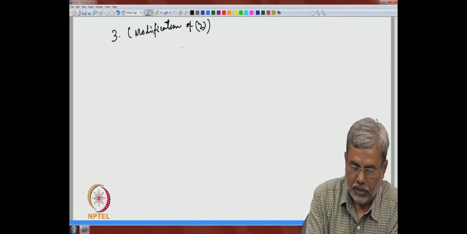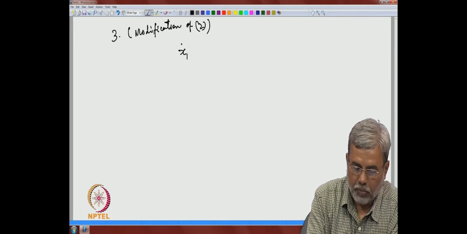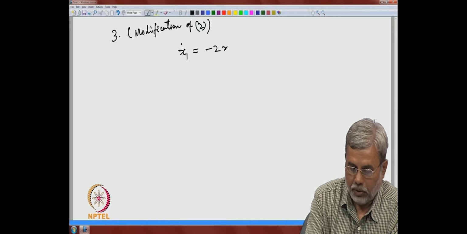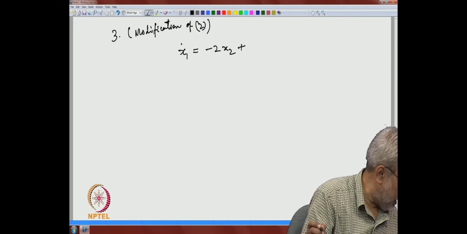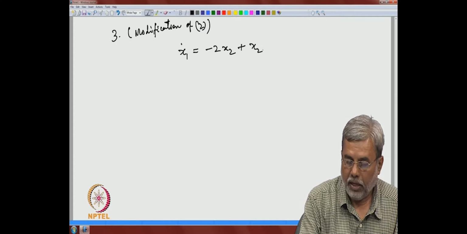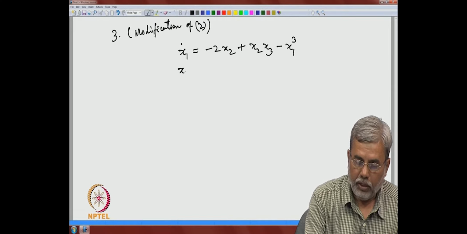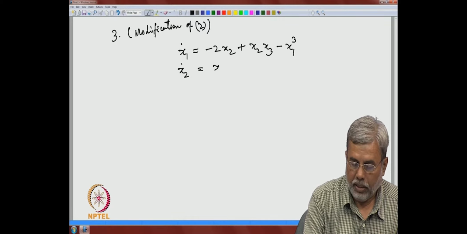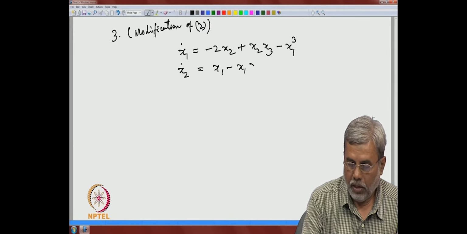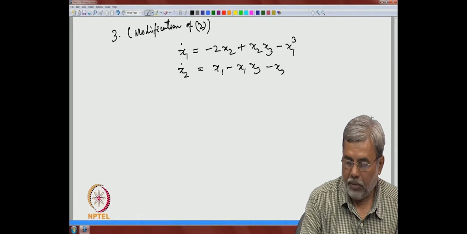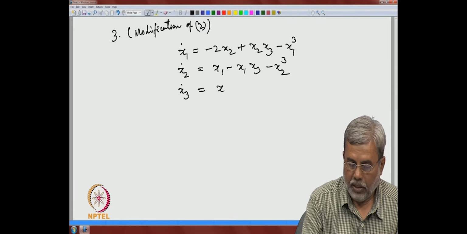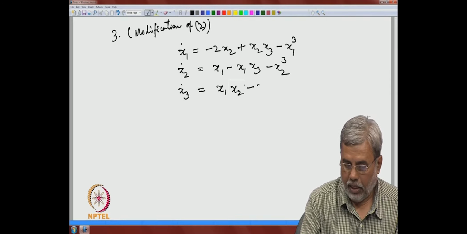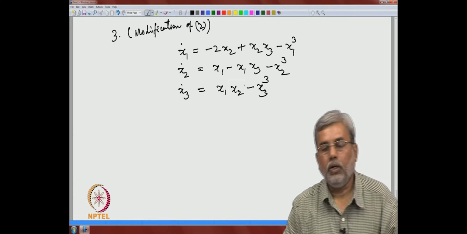So, again the same system, just I will perturb it a little bit more, minus 2 x2 plus x2 x3, and now I perturb it by x1 cube, and x2 dot, again same thing as before, again perturb it by cube, same thing with the third equation, again I perturb it by cube.